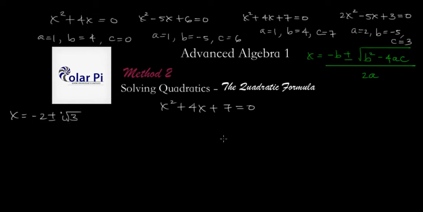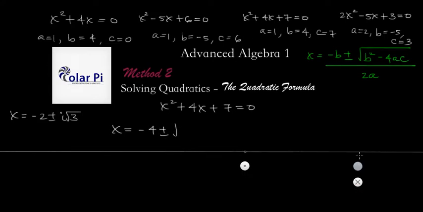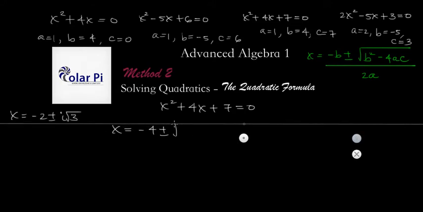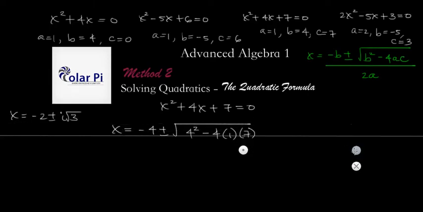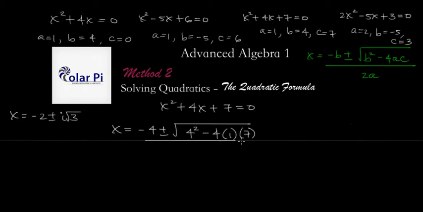So let's see if the quadratic formula also returns these 2 answers. All right, so x equals minus b plus or minus square root of b squared, which is 4 squared, minus 4 times a, which is 1, times c, which is 7, all divided by 2a.